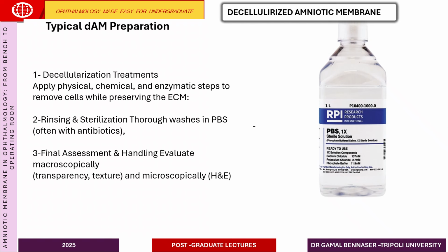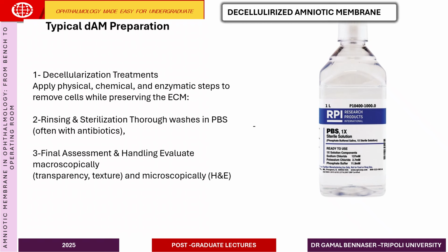Then after applying these chemical substances or physical materials, it comes to the stage of rinsing and sterilization, through washing it with what's known as PBS, which stands for phosphate buffered saline. It is a special preparation of the normal saline, which is isotonic with special components. That's a water-based salt solution, which is commonly used in biological and medical laboratories.